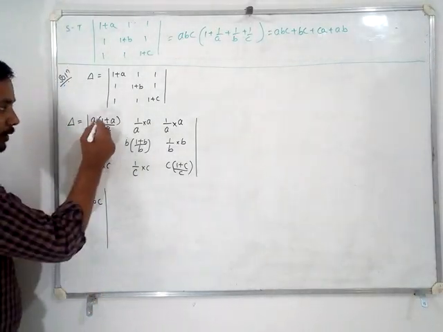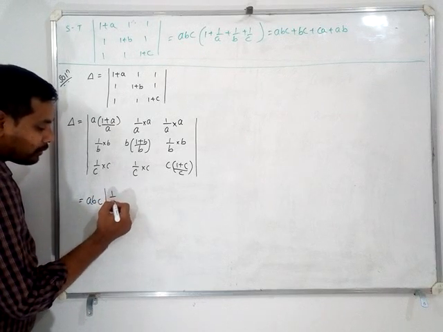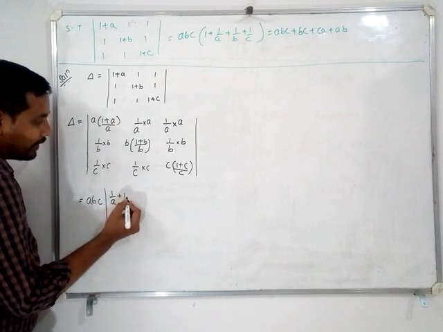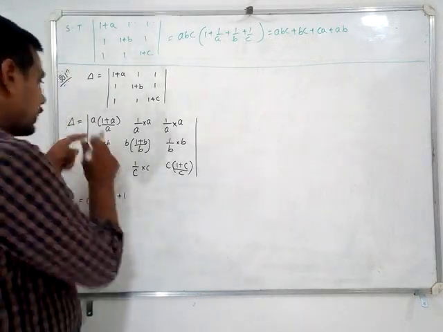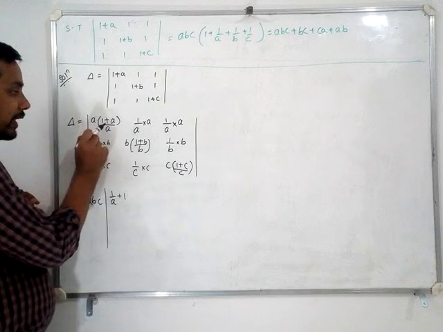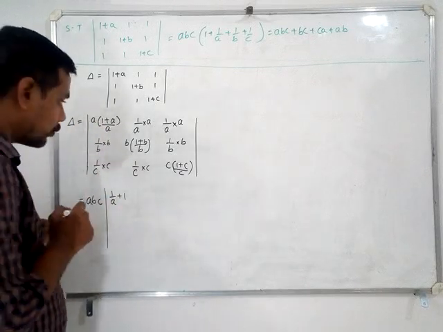Then what is left? 1 plus A by A. If you take the LCM, you get 1 plus A by A, or you can divide it separately: 1 by A plus A by A. What is A by A? 1. So it will be 1 by A plus 1.